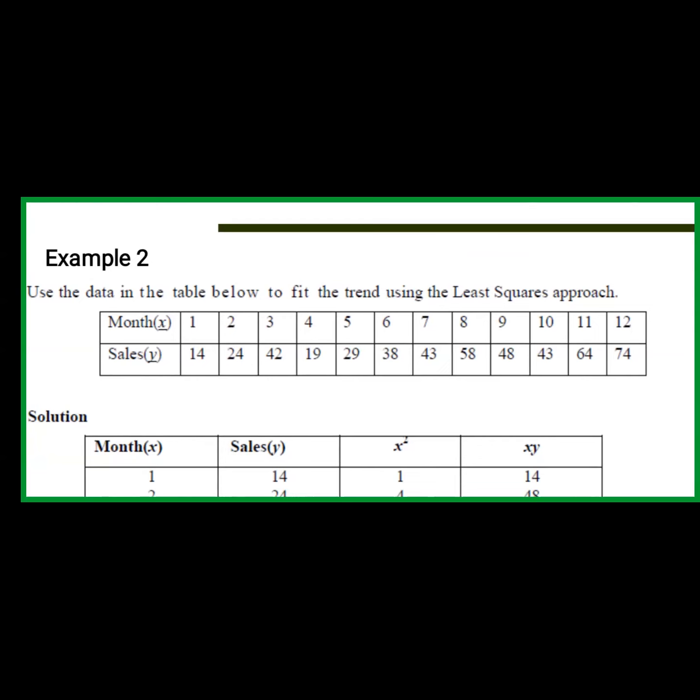I think it's the same question as the first one, the same question we did with 3 moving total and 4 moving total. It's the same table, so we have 1 to 12.